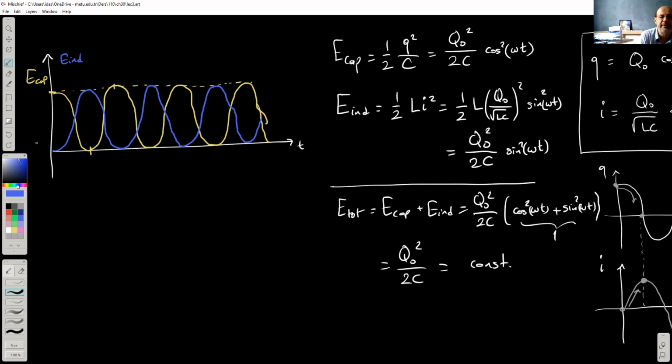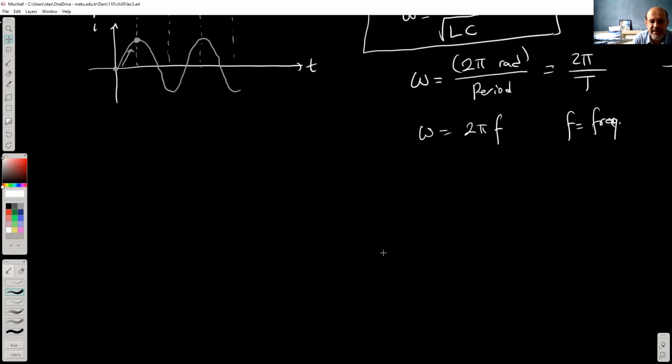And finally, their sum, I'm going to show with a white color. That's the total energy, which is always constant. So the energies of the capacitor and the inductor change, but the total energy is constant. That means they continuously exchange energy with each other. That's basically as simple as that. In any case, let's continue.